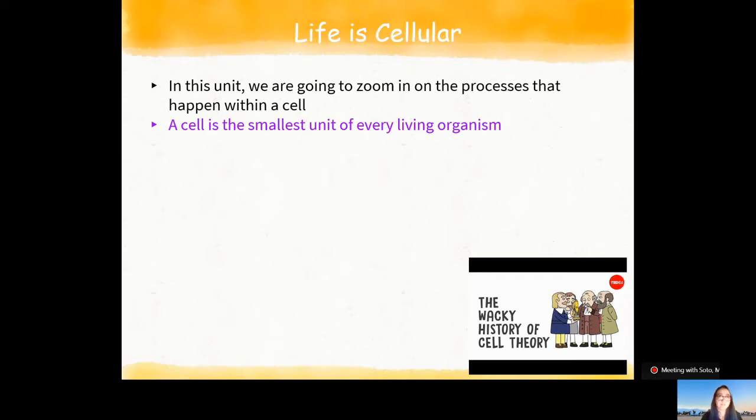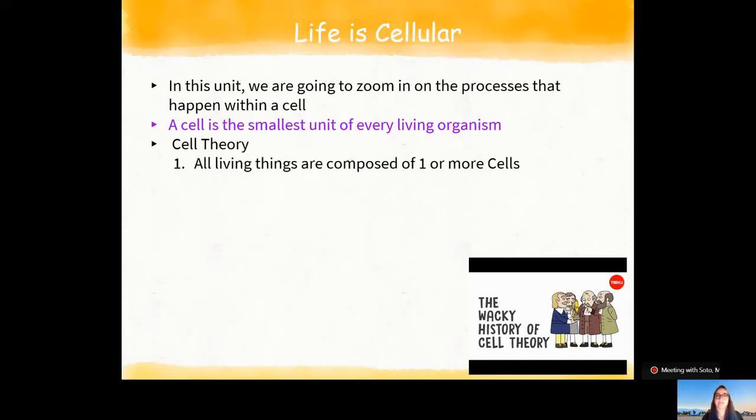The different parts of the cell are not technically living. They make up the cell, and once they're all together in a cell, it's a living thing. The parts themselves without each other are not a living thing, okay? So that's where we get cell theory. We start getting into how do we know if something is alive, right?